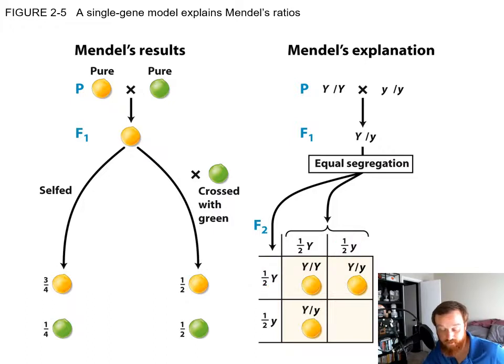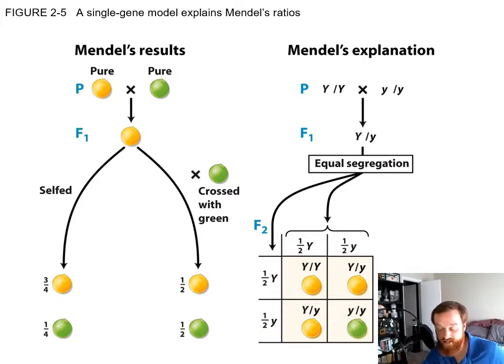Again, if we multiply 1/2 chance from parent 1 to get the big Y, and 1/2 chance from parent 2 to get the small y, we get 1/4 chance to be heterozygous again, big Y, little y.